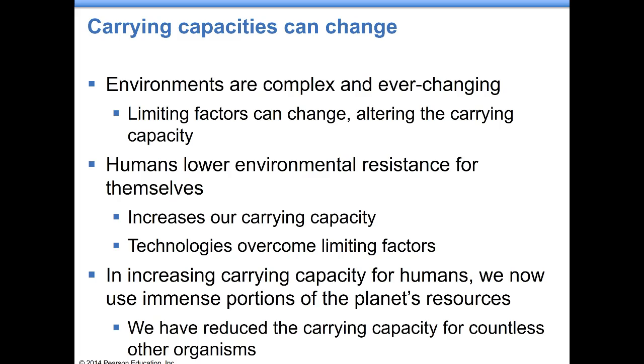Humans are the ones that actually lower environmental resistance for themselves, because we continue to tear down the forest and plow under the fields, and we are taking away those resources. But we are also developing technologies that can overcome limiting factors.